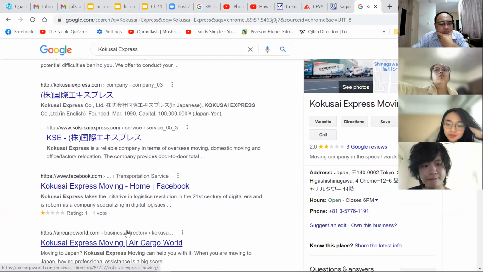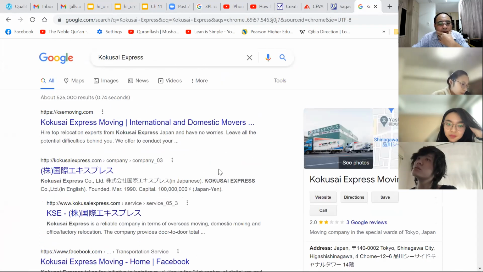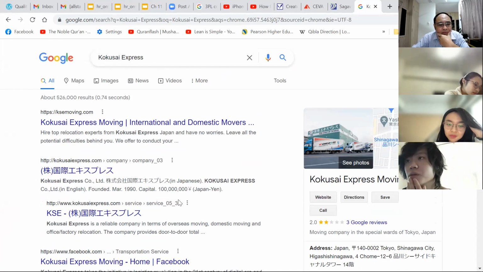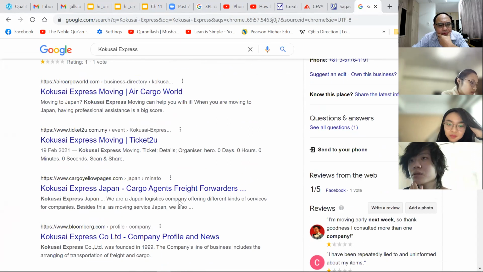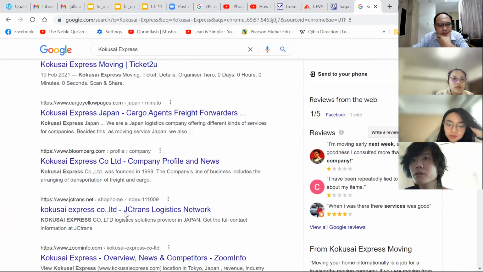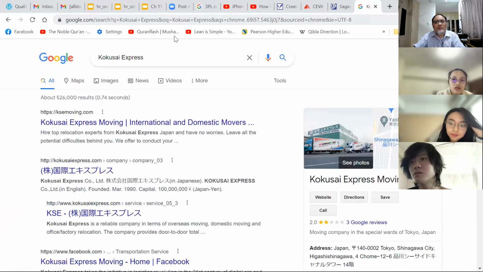Korea Express is also moving freight. So express means they are also moving goods. Freight forwarders. Kokusai Express Company Limited.